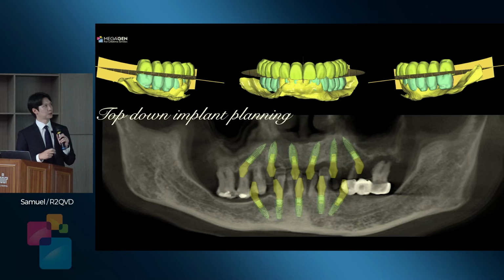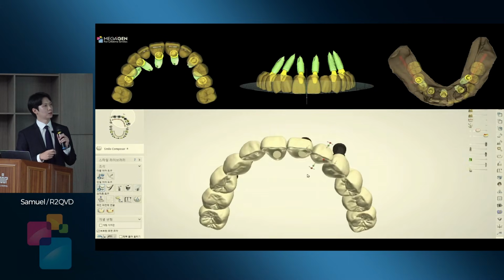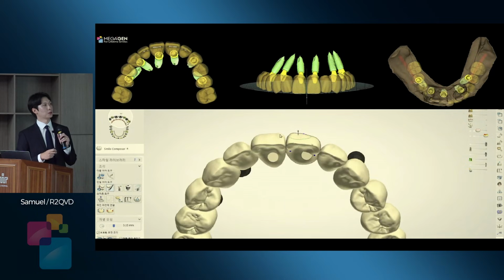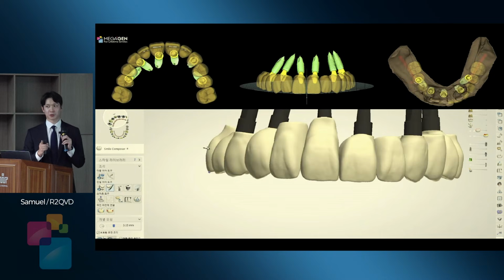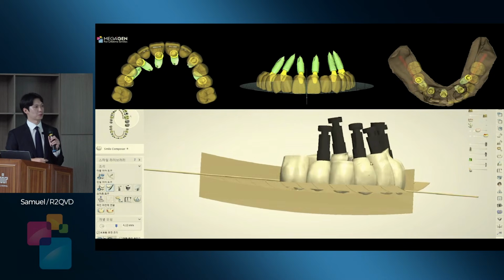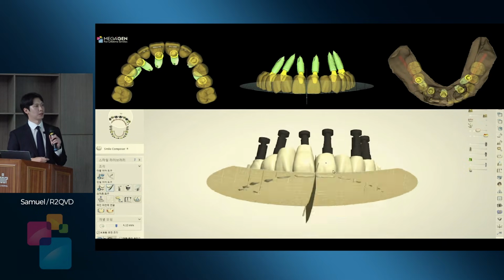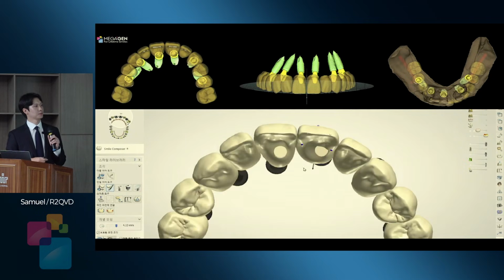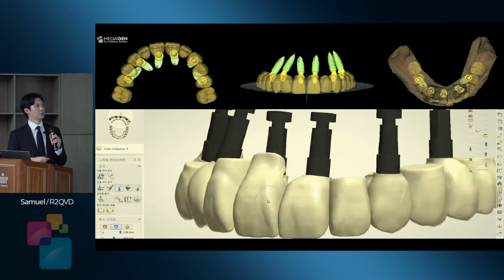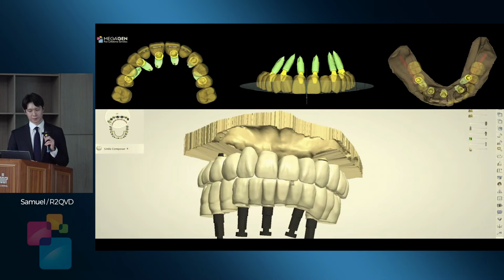Then, before the surgery, we can make a temporary also, because we know the implant position, and we know where the gingiva is, everything. So based on the occlusion plate, we can make a temporary crown like this. It just makes detail from like this.